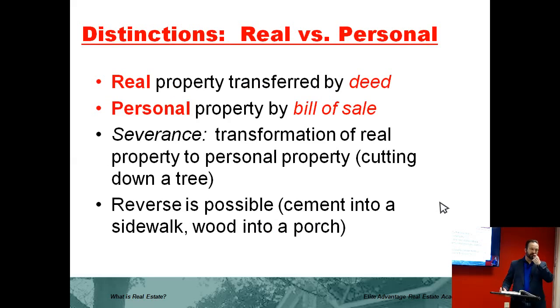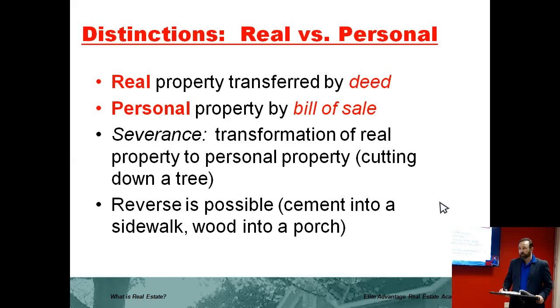Look here a little further down. The word severance. The transformation of real property to personal property by cutting down a tree is the example we give, but severance is to sever, to cut off. Severance is a word we'll see pretty soon about how we hold title. If you have a tree which was once part of the property and you cut it down, it now becomes personal property.